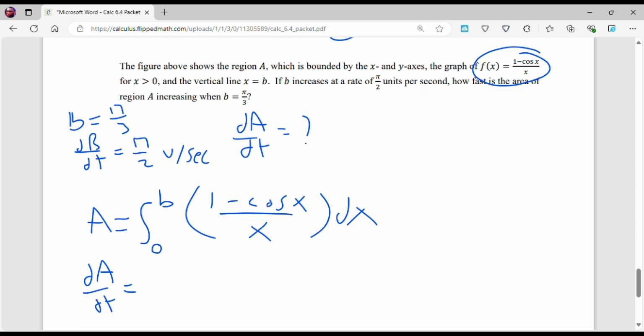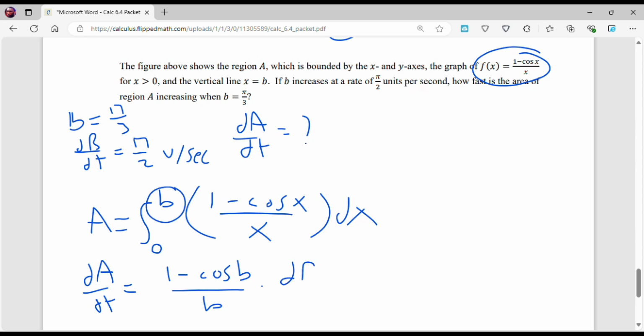According to our fundamental theorem of calculus, we can find the derivative of both sides and the integral will get eliminated. So we are now left with 1 minus cosine b over b. And remember that we have to do chain rule.